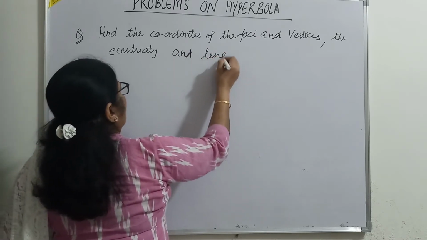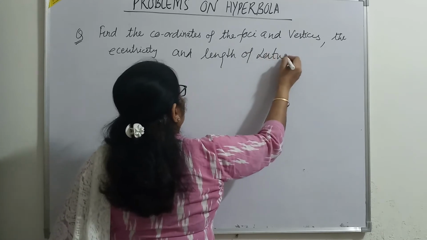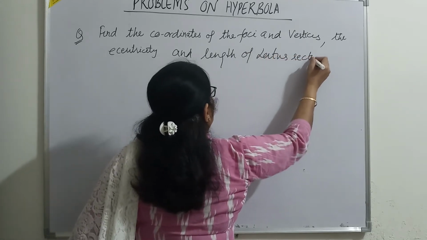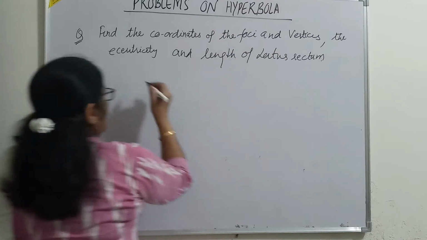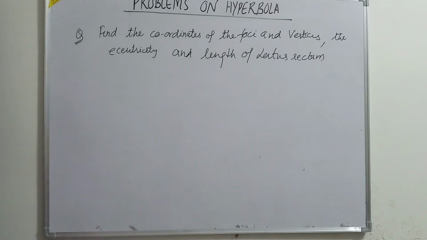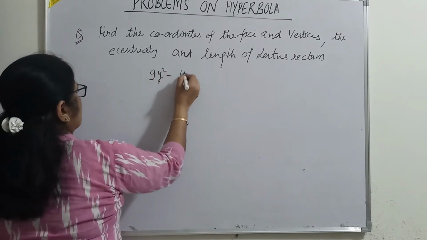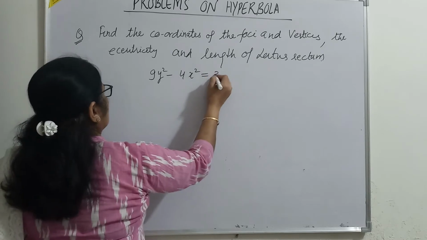The equation of the hyperbola is given: 9y square minus 4x square is equal to 36.